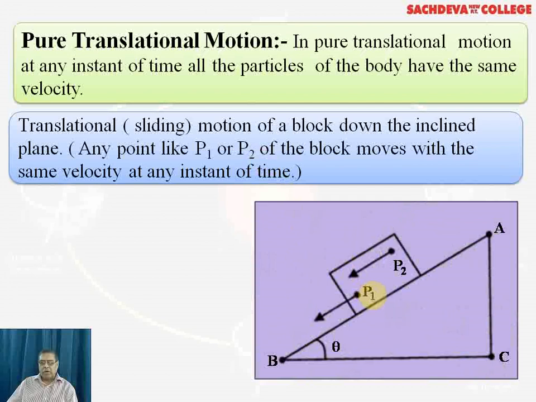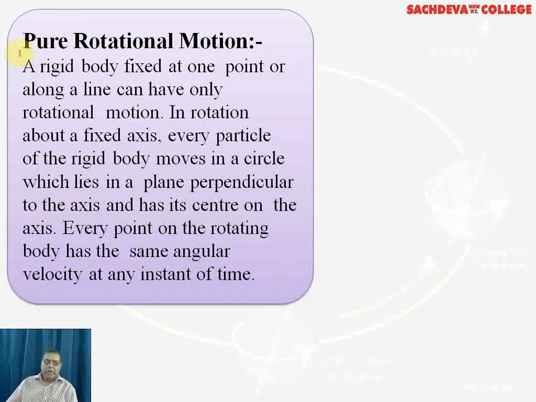There is a block and that block is made up of many particles. There will be a lot of particles like P1, P2, P3, P4, right up to Pn. It is made up of n particles. Whatsoever is the velocity of the sliding block, the same will be the velocity of all the particles at that instant of time.